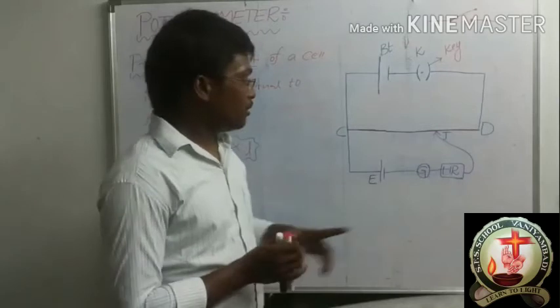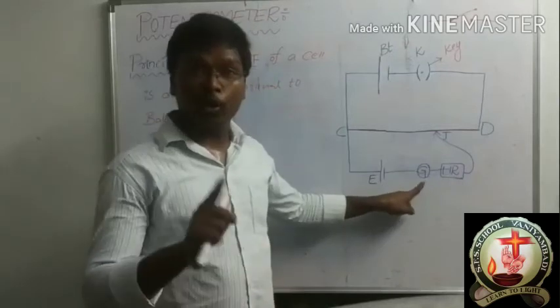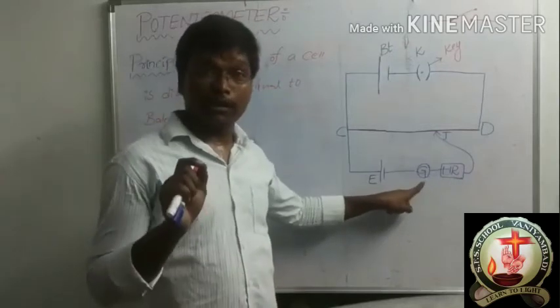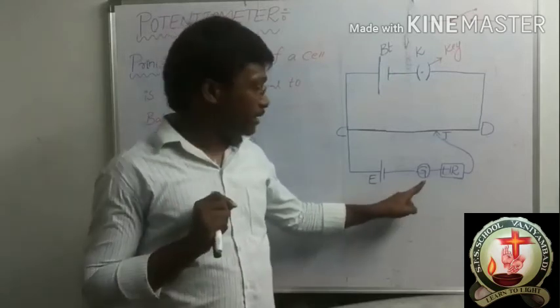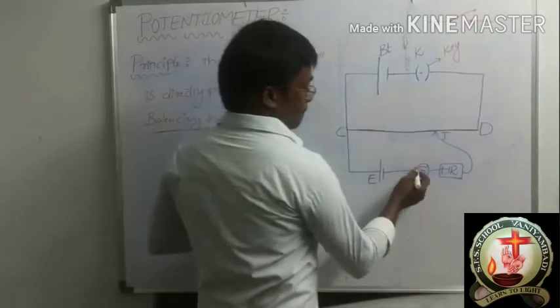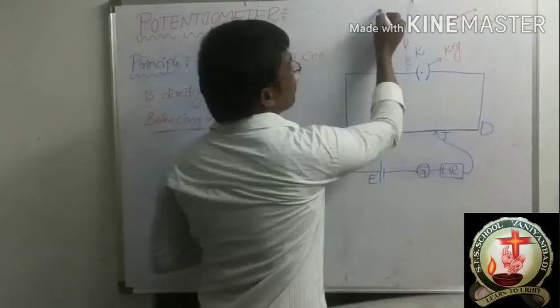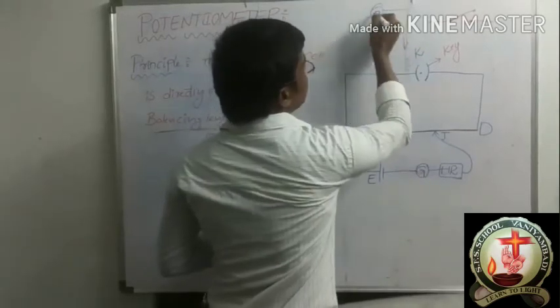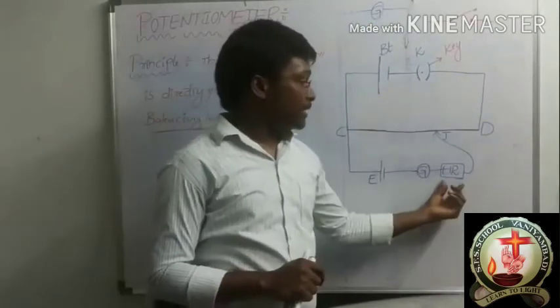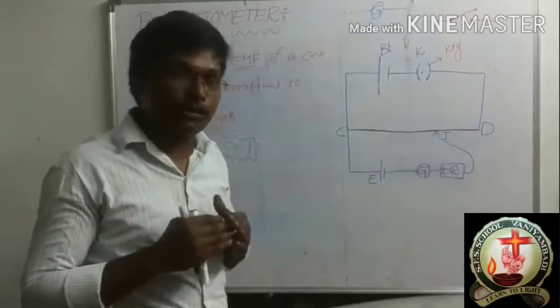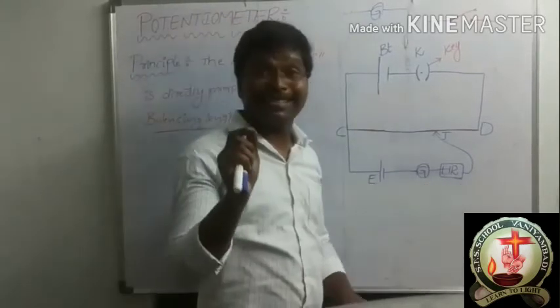Now this is the galvanometer. You know the galvanometer symbol already, capital G. This is the high resistance box, HR.